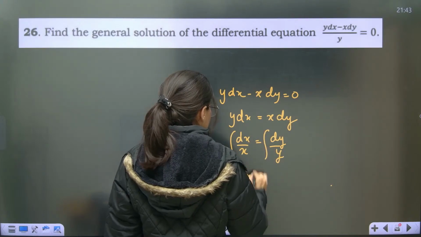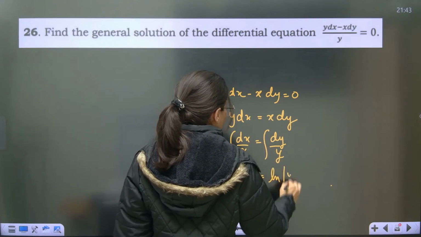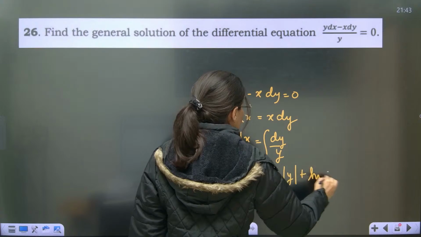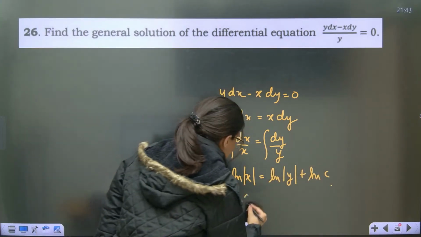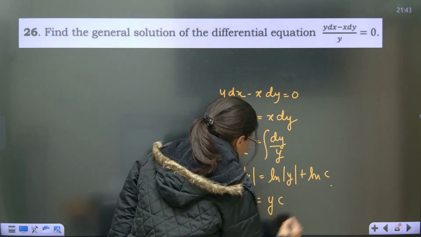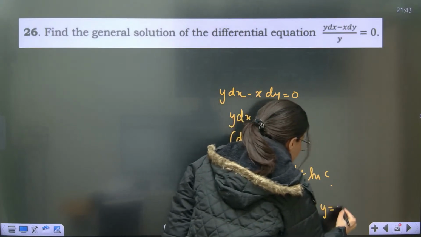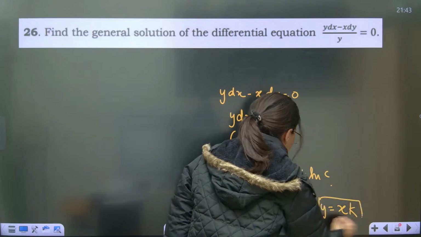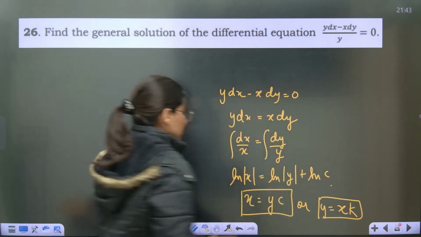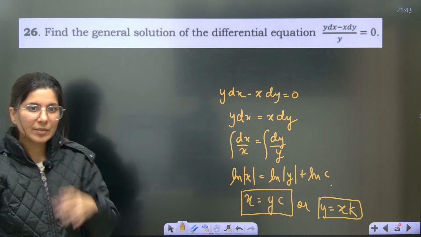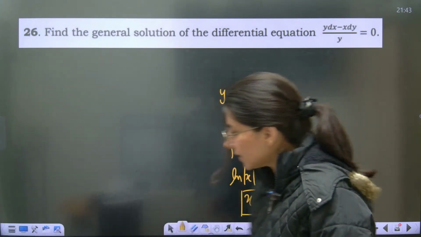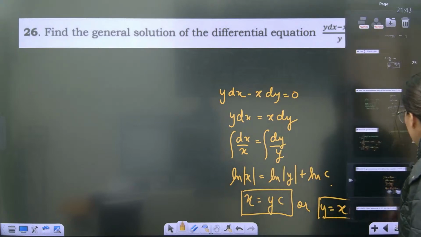Ln mod x is equal to ln mod y plus ln c, which you should write. So this is x equals yc, or you can say y equals xk will also work, either of these two. Both will be correct answers. Getting it? Understanding it? Okay, clear.